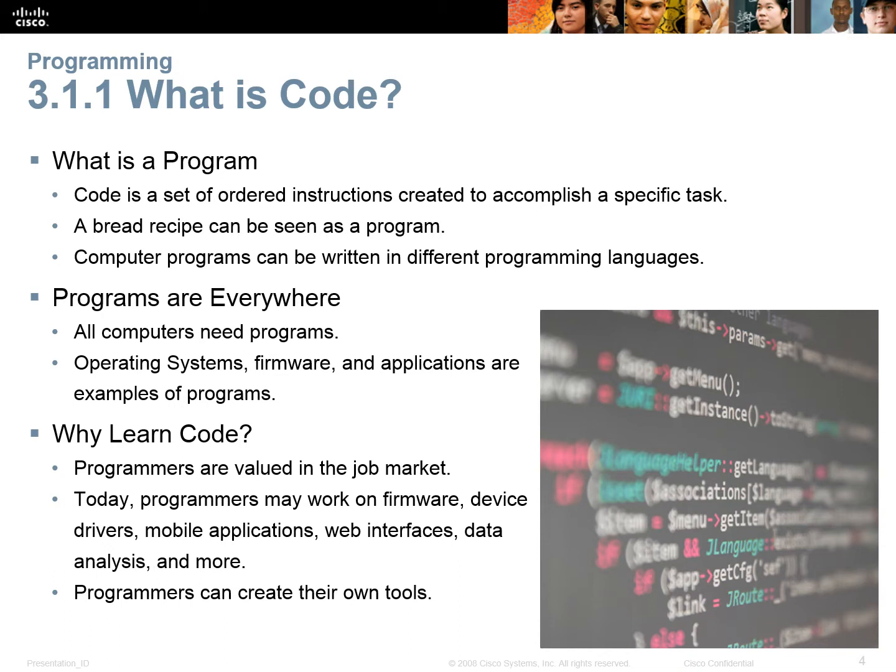Another benefit of being able to code is that programmers can create their own software tools. Need a specific network filter not available in the market? Maybe a project requires some specific data analysis? This can all be coded by a good programmer.